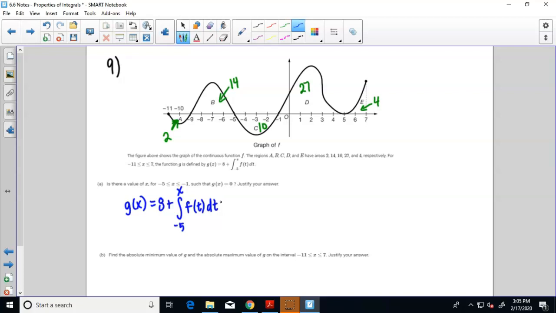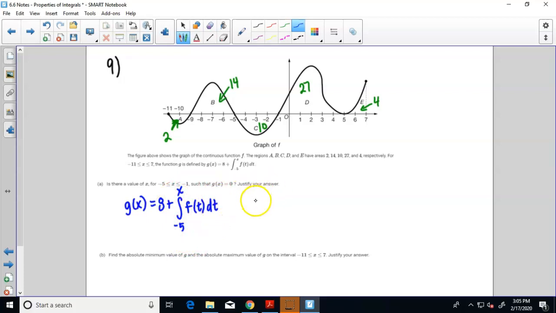So, it wants to know, is there any value such that g of x equals 0? Well, I know if I went from negative 5 to negative 5, then g of x would equal 8, because this part right here would be 0, right?